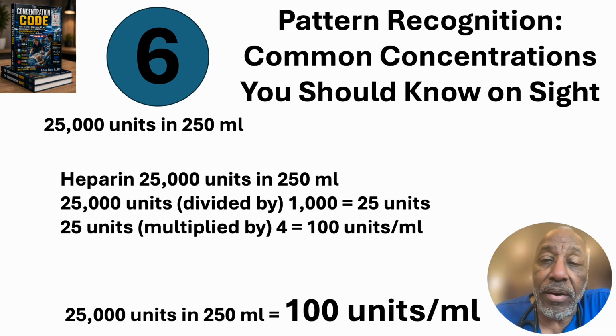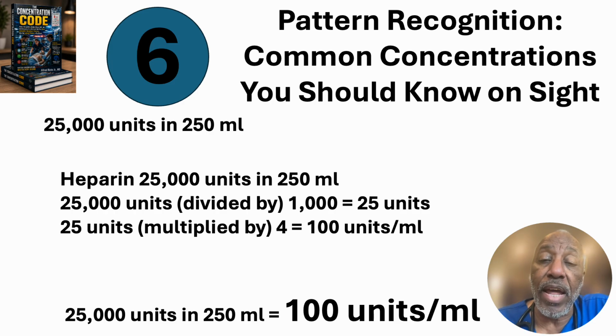The sixth pattern is 25,000 units in 250 milliliters. That is the standard heparin drip concentration used in most hospitals. Apply the divide by 250 shortcut. 25,000 divided by 1,000 equals 25, times 4 is equal to 100. The concentration is 100 units per milliliter.